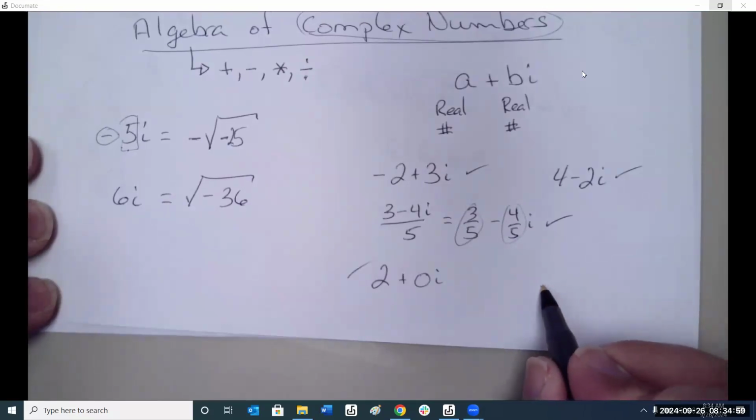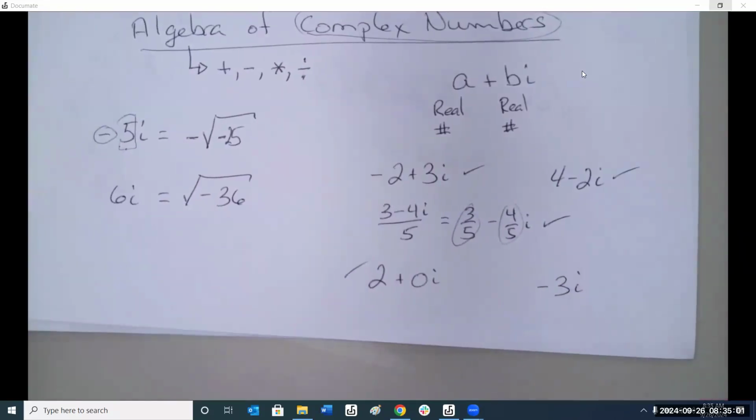And then is negative 3i a complex number? Yes, because you put a 0 in front. So pretty much, like we said, every real number is also a complex number.